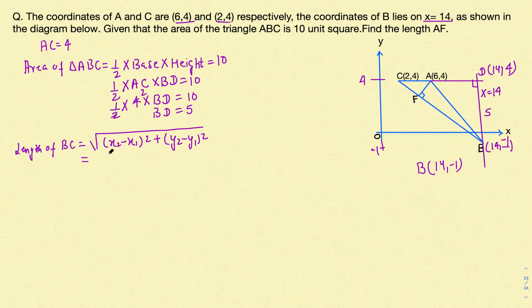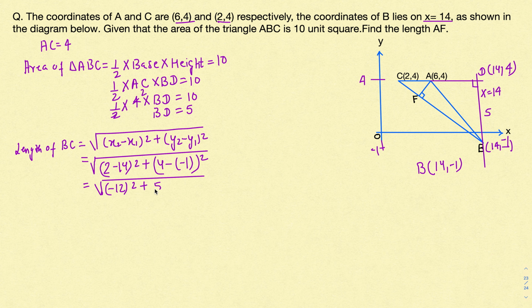So let's find the length. Let's take C as our x2, so it will be (2 minus 14) whole square plus (4 minus -1) whole square. 2 minus 14 will give you -12, whole square, plus 5 whole square. -12 whole square will give you 144, and 5 square is 25.